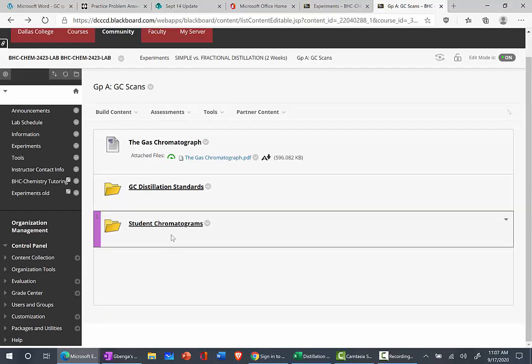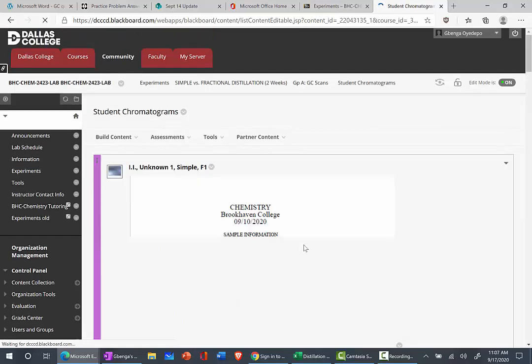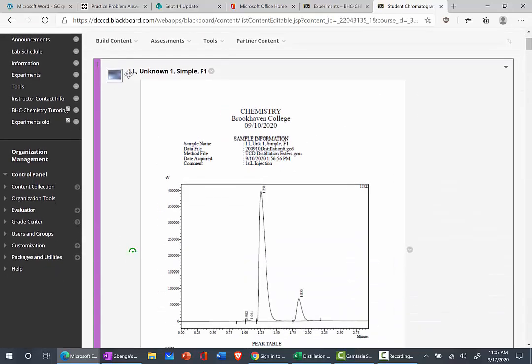You will see your chromatograms, the results of the GC analysis of the distillation you performed. When you click on that, based on, you all know your initials and you know your unknown numbers, and whether you performed simple or fractional distillation, and the lab manager published the GC analysis for each of the fractions you collected.